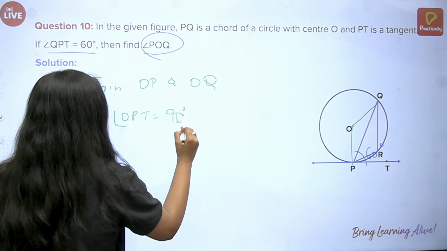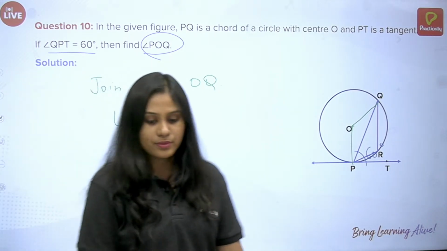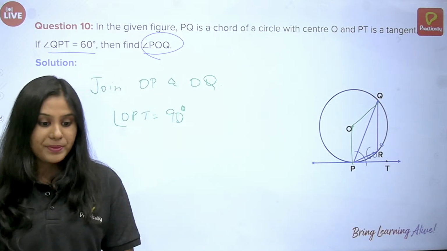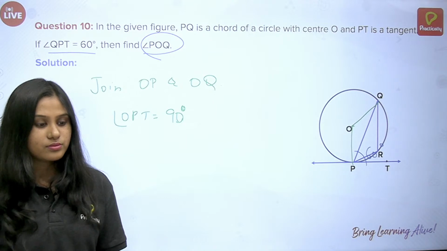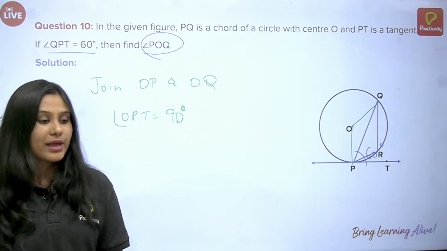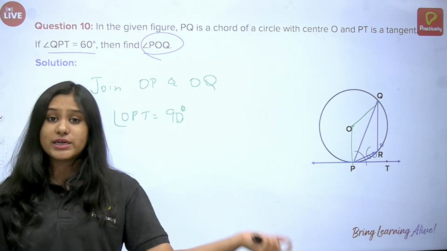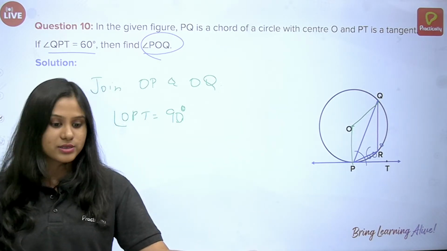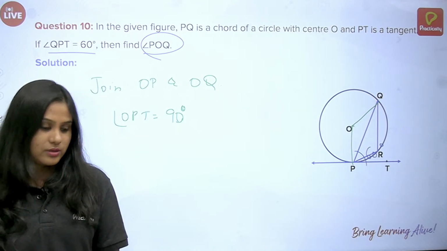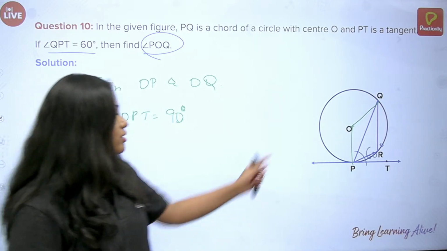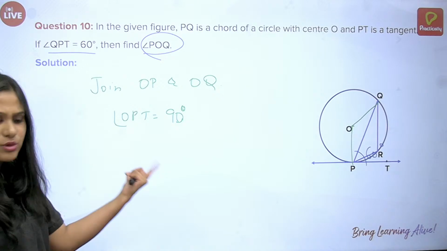Can you all tell me the reason why angle OPT equals 90 degrees? I'm waiting for this answer because it's one of the most important theorems of circles. Good. So, radius is perpendicular to tangent. That is why angle OPT is equal to 90 degrees.